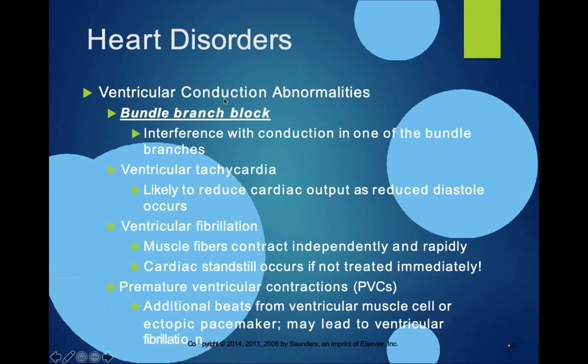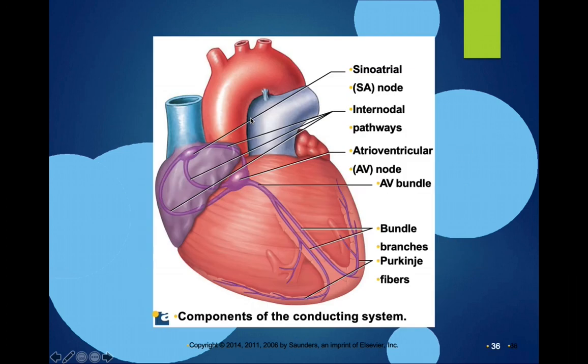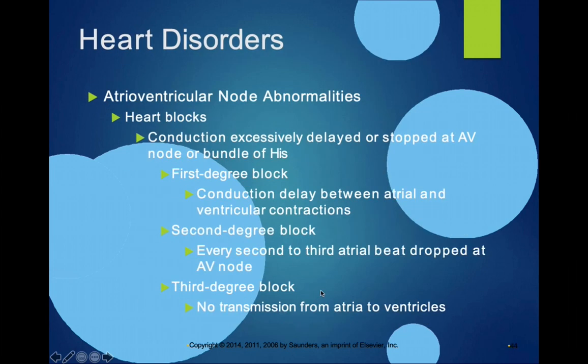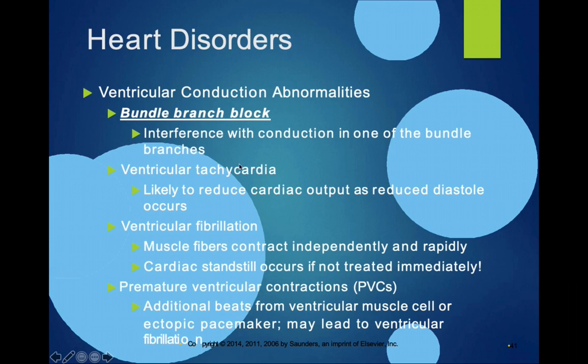Now the ventricular conduction abnormalities, this is the bundle branch block. So let's go back here. The bundle branch, which is either here or here. That interferes with the conduction in one of the bundle branches. That can lead to ventricular tachycardia, likely to reduce the cardiac output as reduced diastole occurs.